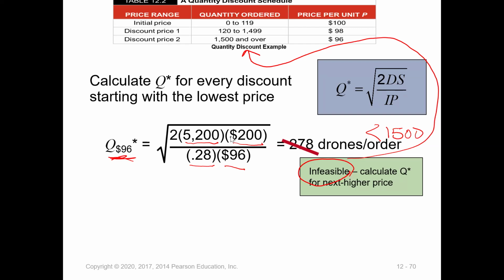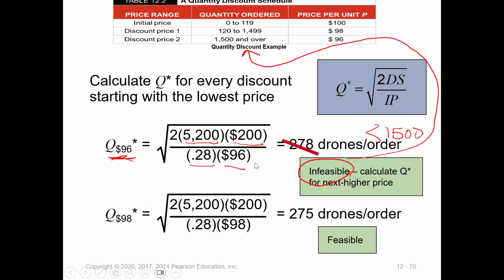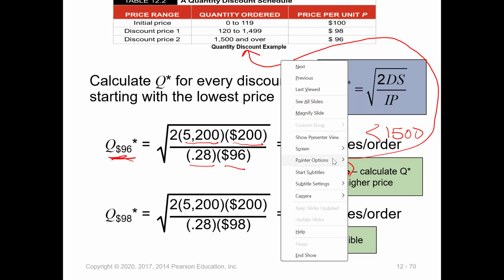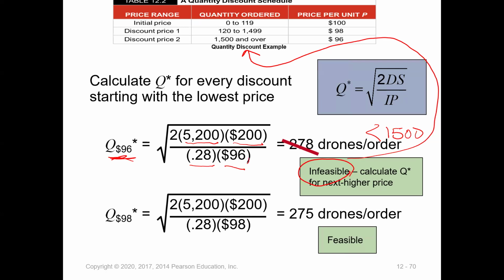So 2 times 5200 times 200 divided by I, which is given, times the price P. We select first the 96, and then we get the Q star for the 96 price.